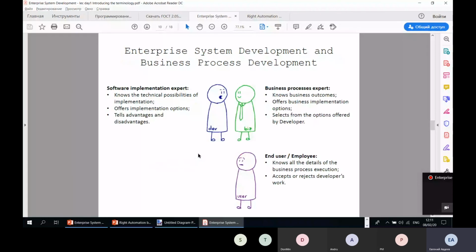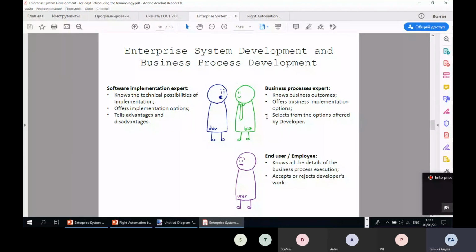So one more time, we have the business process side and we have the software expert side. And if we talk about enterprise system development, probably these are the two main sides which have to solve lots of questions between each other.